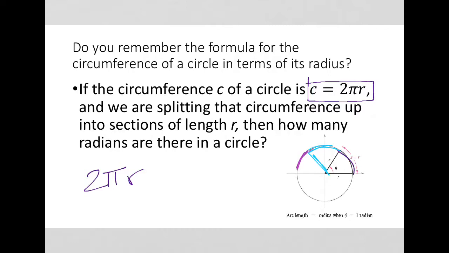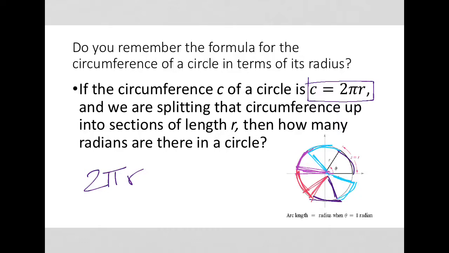So you can continue along like that and continue to add more and more of these lengths of radius in there. And eventually you're going to get back around closer and closer.